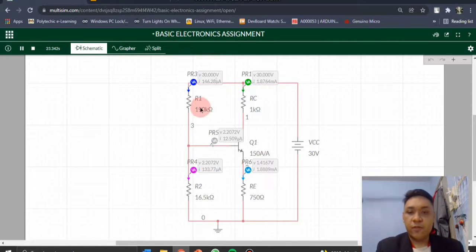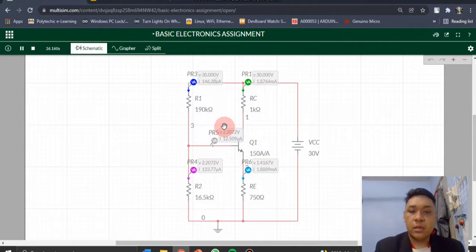So after that we need to find the R1 value, which is here 190k ohm. From that we use the formula VCC minus VB, over 11 times 13.3 microampere, or here the estimation is 12.509 microampere.